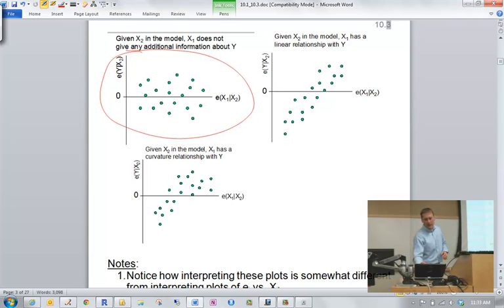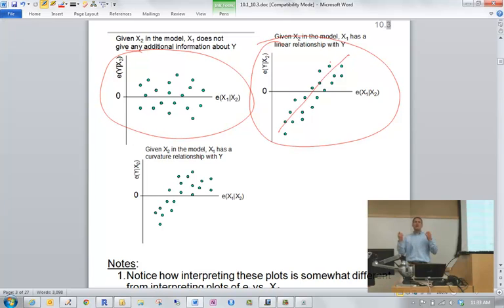But instead, let's say that we had this plot, where we see this linear trend here, roughly speaking. What this says is that after you remove x2, there is still something left over in y that's linearly associated with x1.